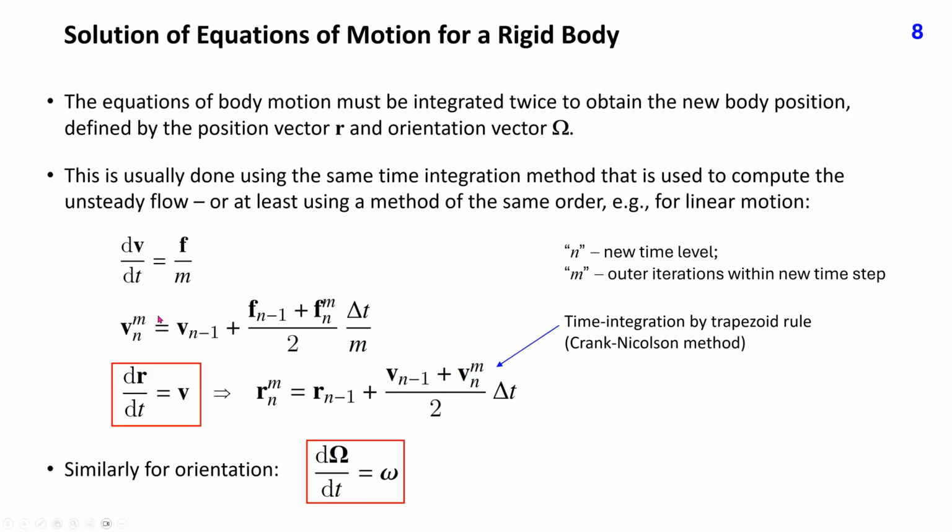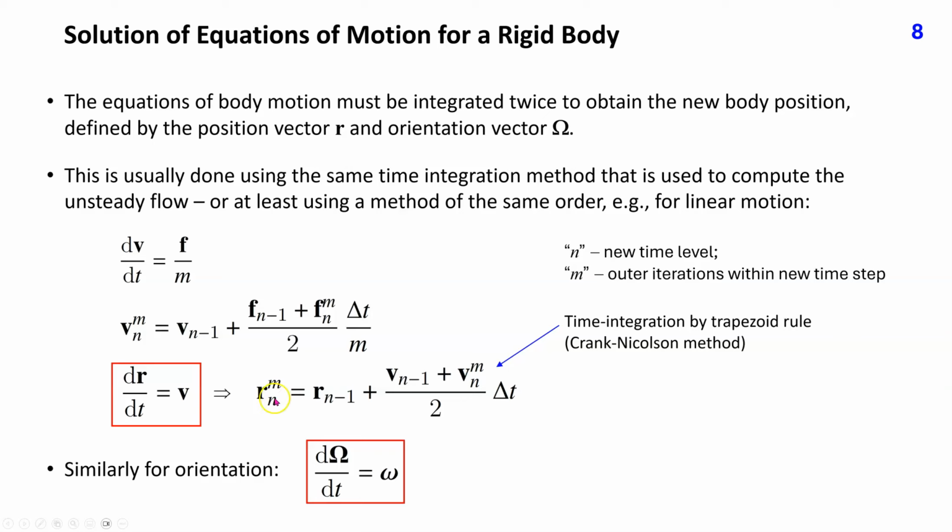For example, for linear motion, we first need to compute the velocity vector at the new time level from the equation of motion, and then the new position from the definition of velocity as the derivative of r. Here, time integration is performed by trapezoid rule, that is the Crank-Nicolson method. The subscript n denotes the new time level, while the superscript m stands for outer iterations within new time step.